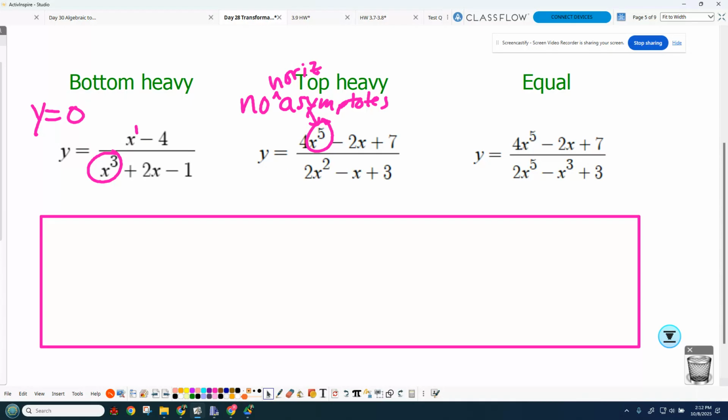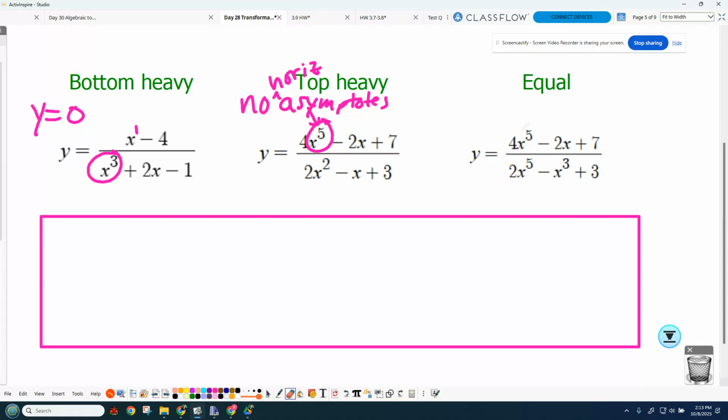Okay, what we're checking is the highest exponent. Is the highest exponent the same on the top as it is on the bottom? Yes. The highest exponent on the top is the same as the one on the bottom, so what's the asymptote going to be? It's not y equals 1. 2? Why do you get 2? I don't know.